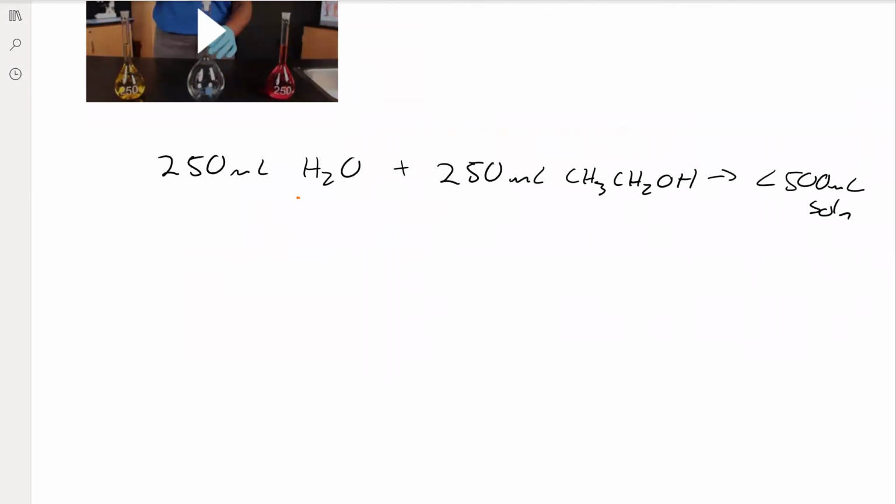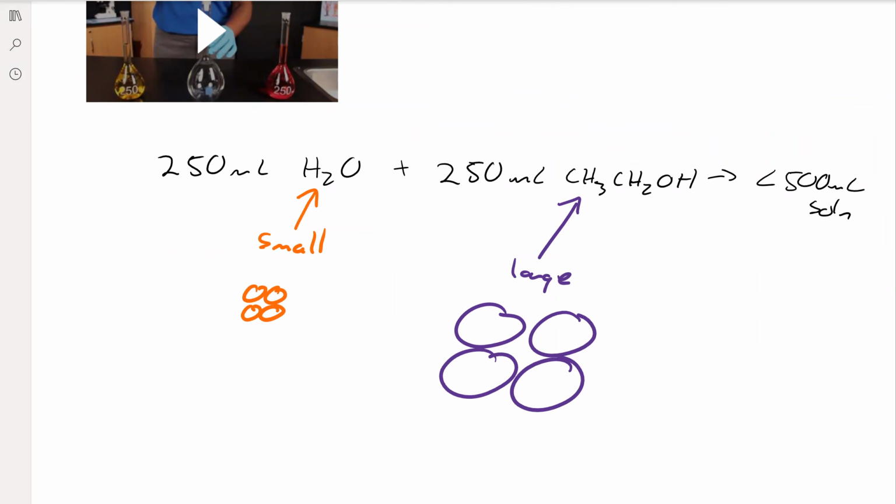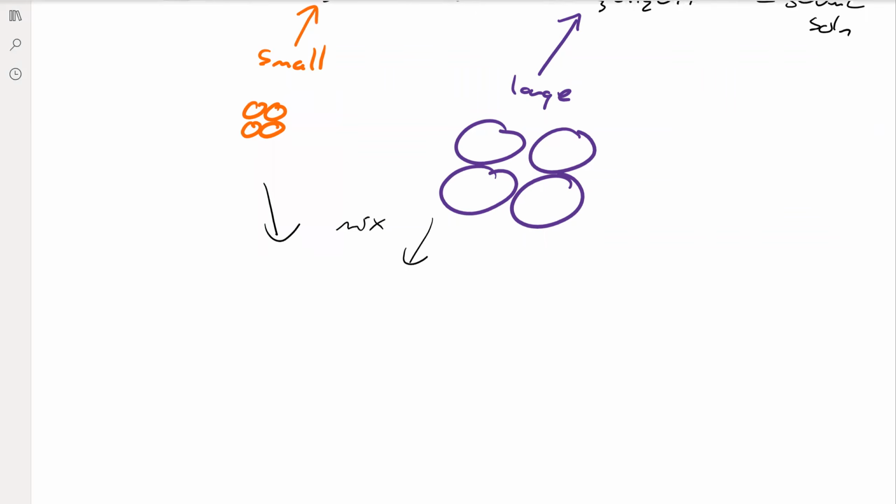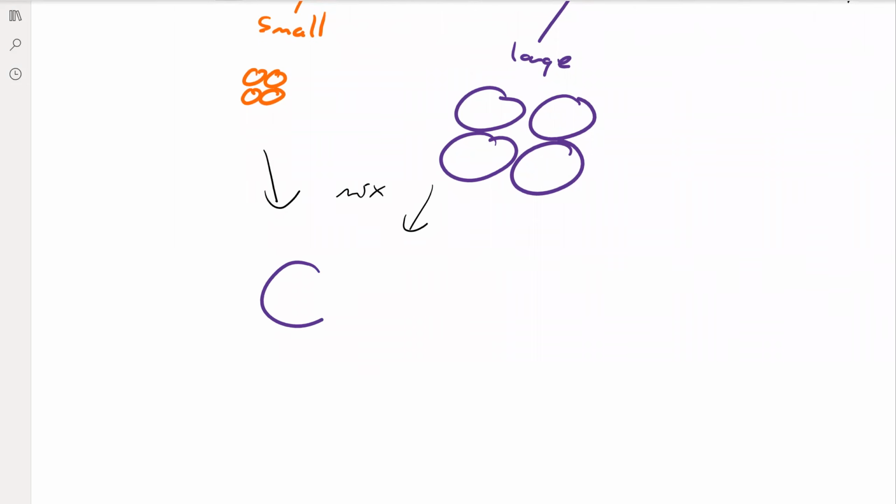Well, if we think about these molecules, H2O is relatively small. So I'm going to draw them as little orange circles. And then ethanol relative to H2O is large, right? It's got way more atoms in it. So I'll draw them as big circles. And so when you mix these two, if you think about how these can interact, right?